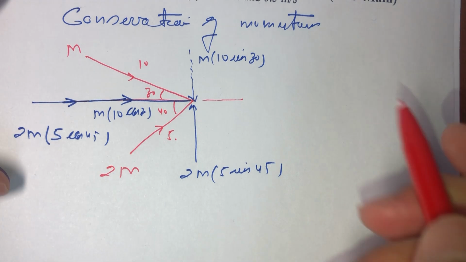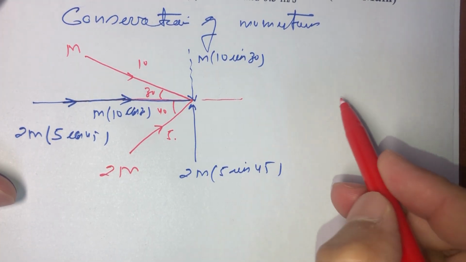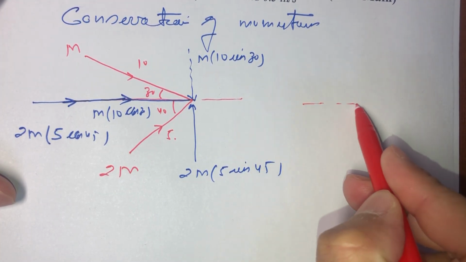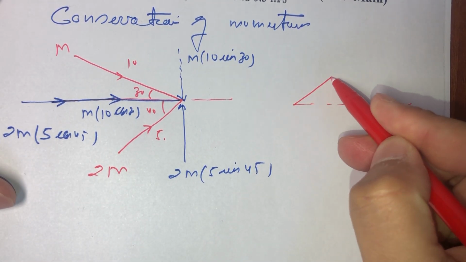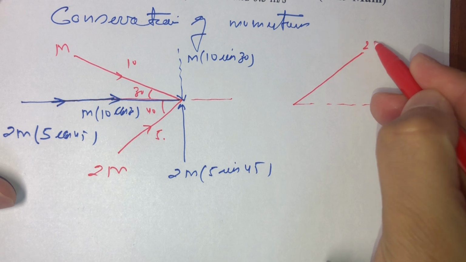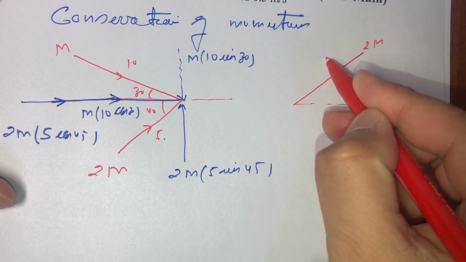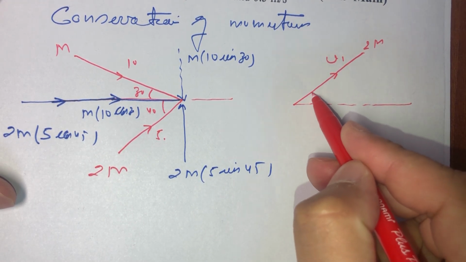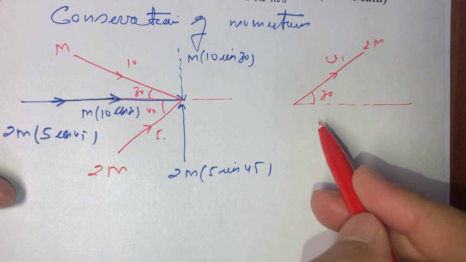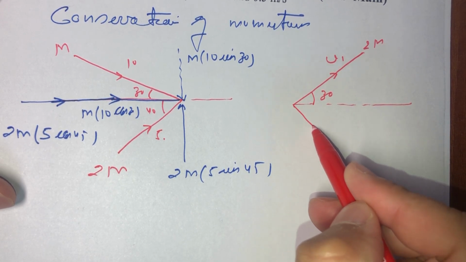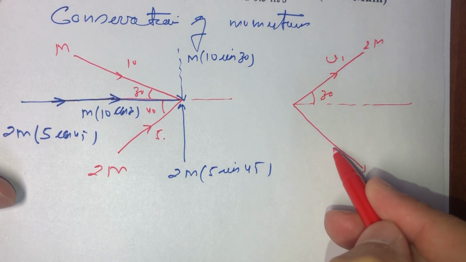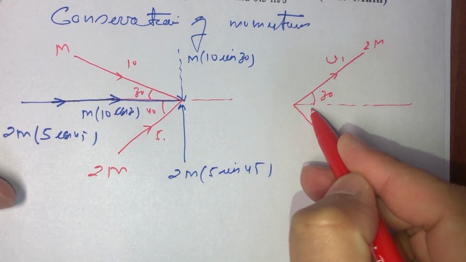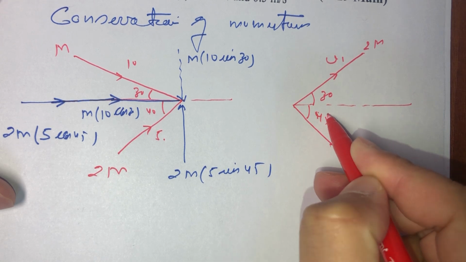Similarly, we can draw it for after collision also. So we have mass 2m moving with a velocity of v1 making an angle of 30, and mass m moving with a velocity of v2 making an angle of 45.